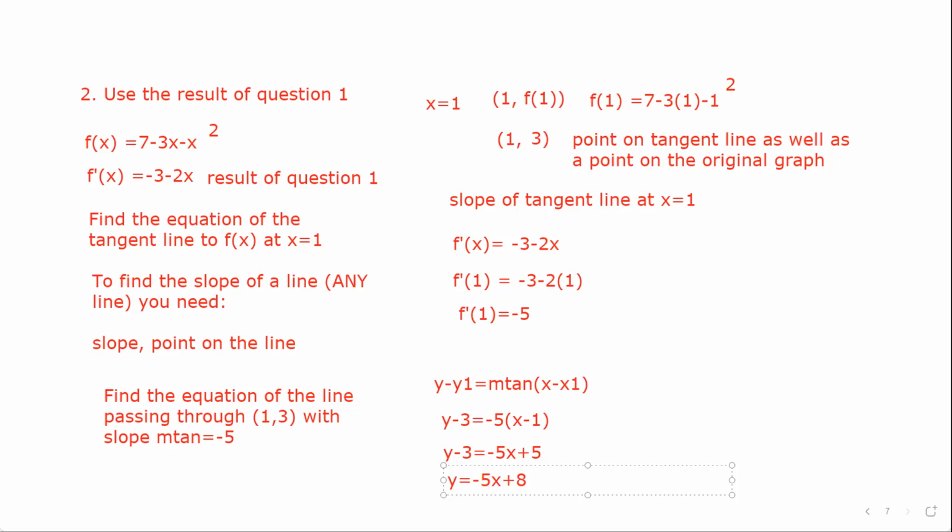And this is the equation of my tangent line at x equals 1. Now, I'm going to have different equations at different points. But this is the equation at x equals 1.